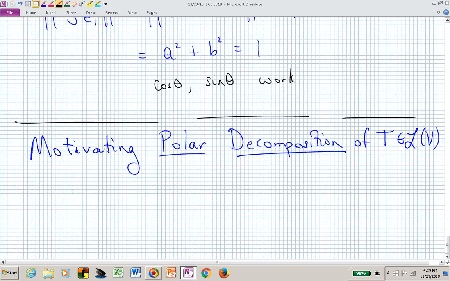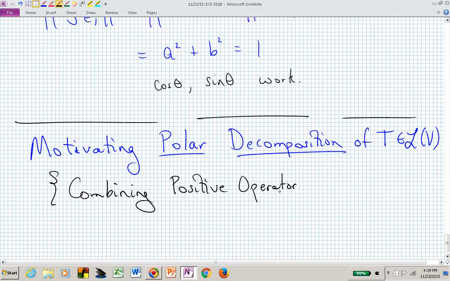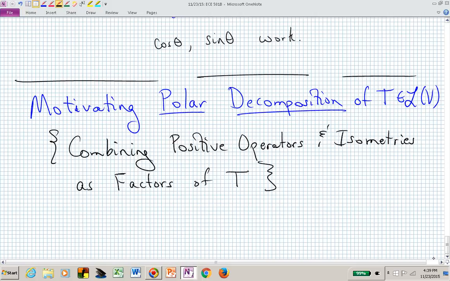Here, what I want to maybe say is this polar decomposition, we are combining positive operators and isometries as factors of this linear operator T. That's the underlying idea, that's the polar decomposition. You can think of it in that way.